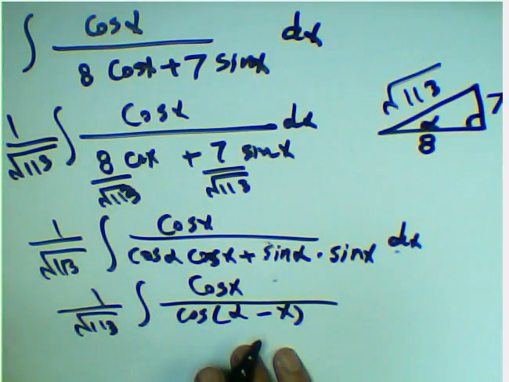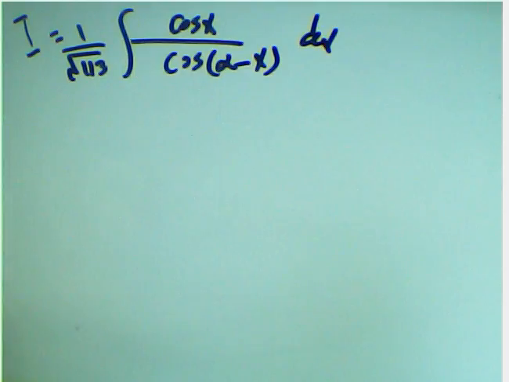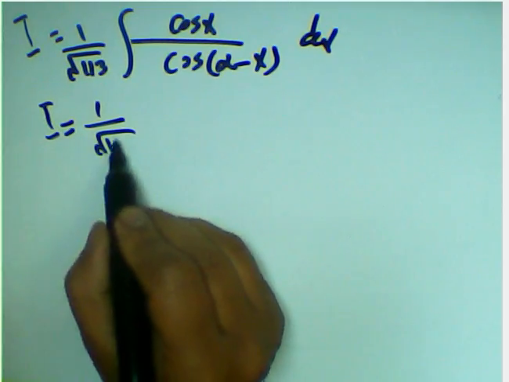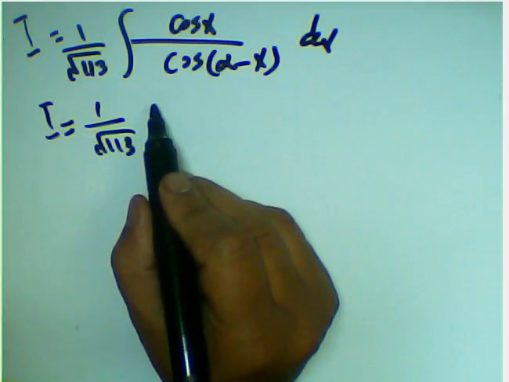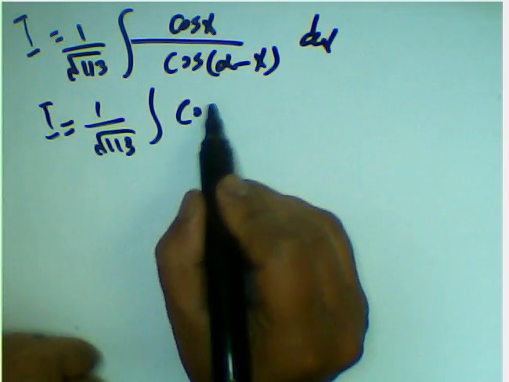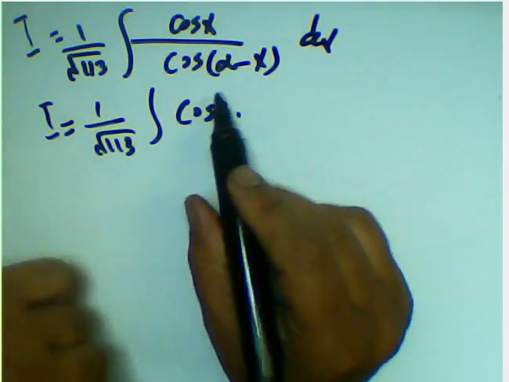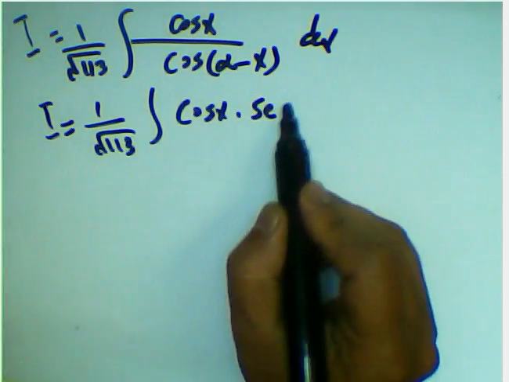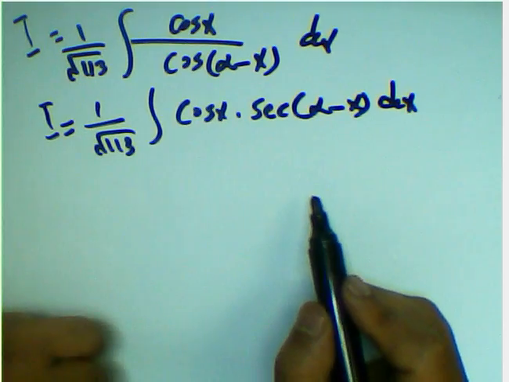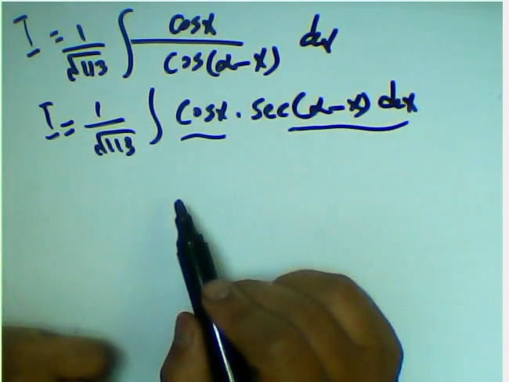Okay, understood this method? Complete with me. I equals 1 over the square root of 113, and we can write cosine x multiplied by 1 over cosine, which is sec alpha minus x, dx. We can use integration by parts here.